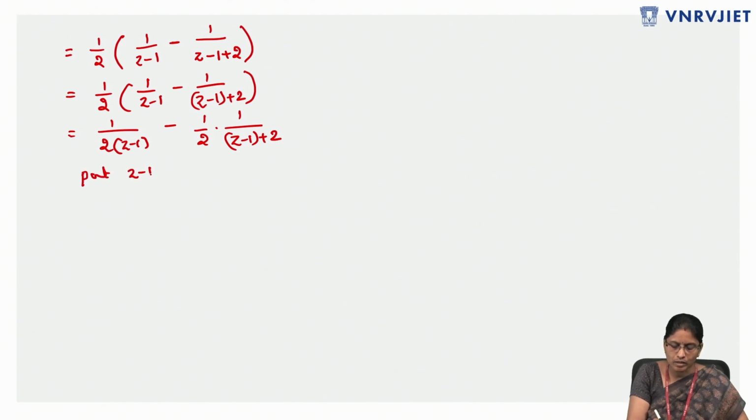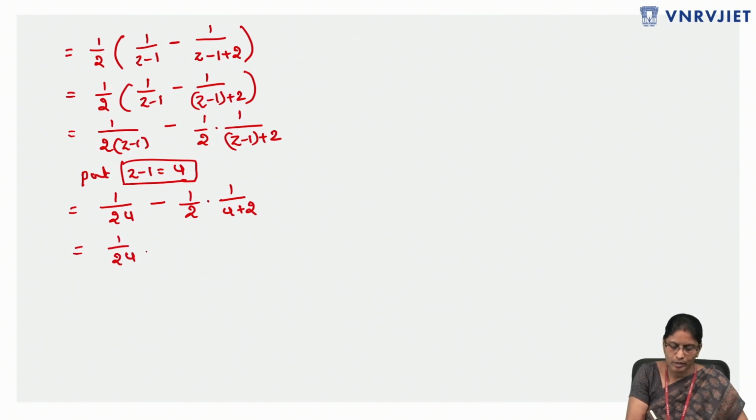Put z minus 1 is equal to some u. Here we are taking the assumption z minus 1 is equal to u. That equals 1 by 2u minus 1 by 2 into 1 by u plus 2.